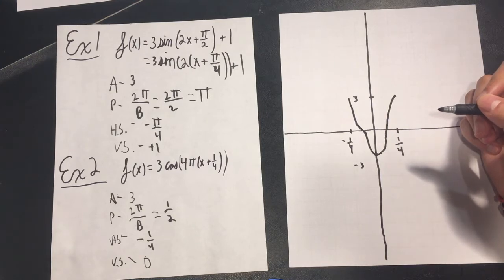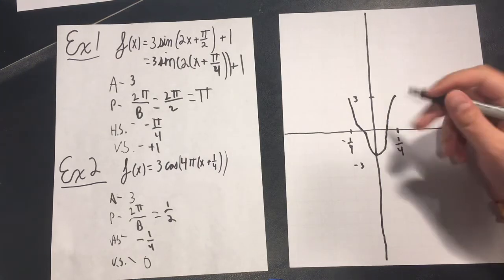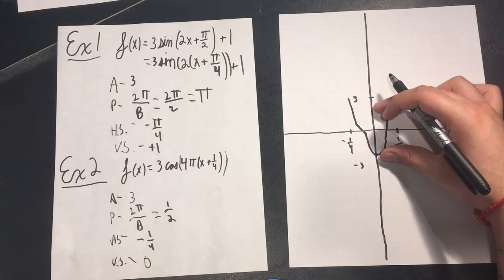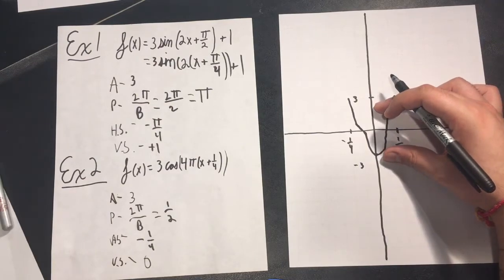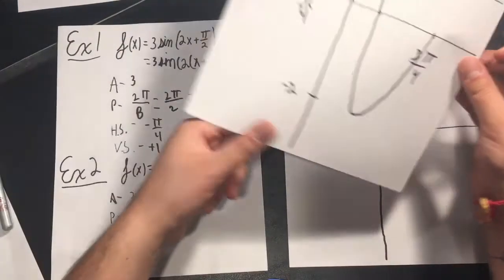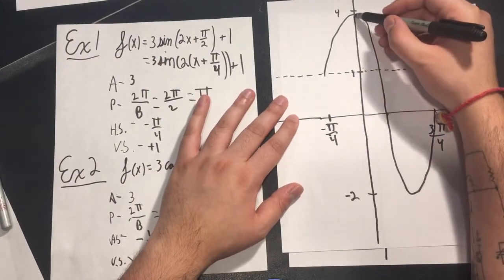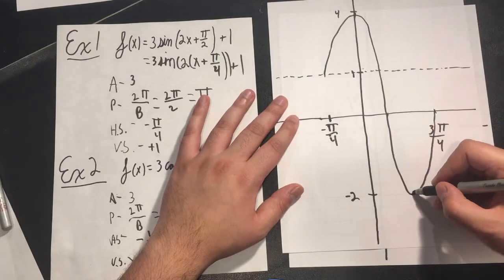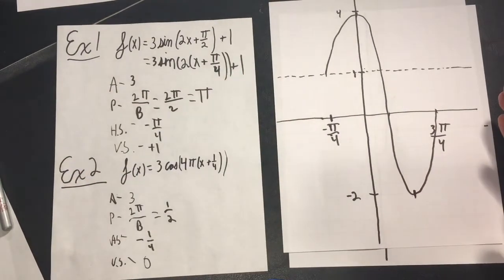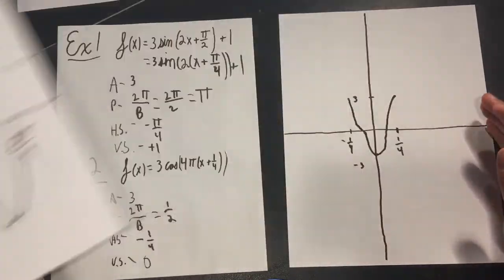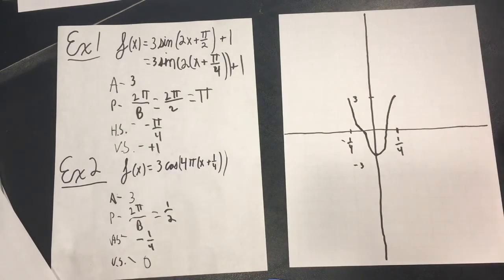Okay. Now, sometimes you might want to know what each of these portions of the graph are. You might be asked at what x value your maximum point or minimum points are located. The way you figure out how much you move by is by taking your period and dividing it by 4.